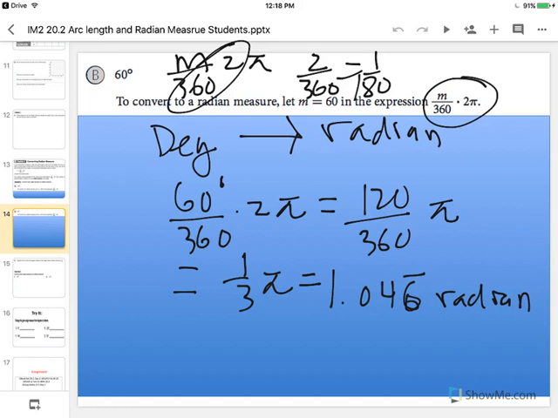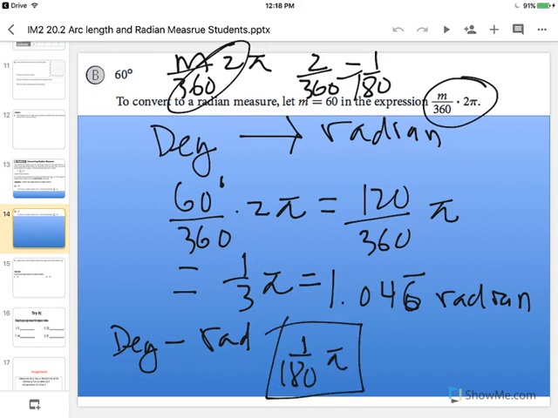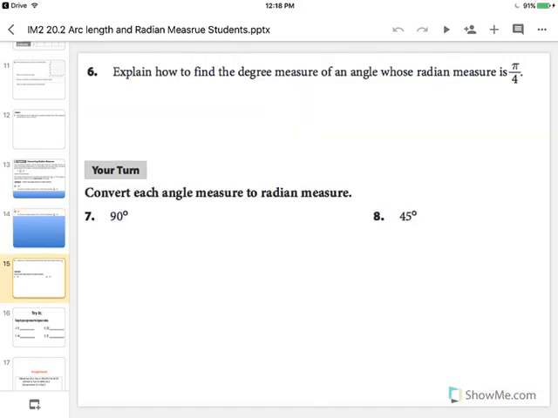Okay, so then the formula we can convert from degree to radian is 1 over 180 times pi. So then we shorten the formula. Right.